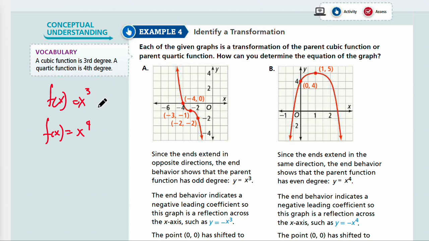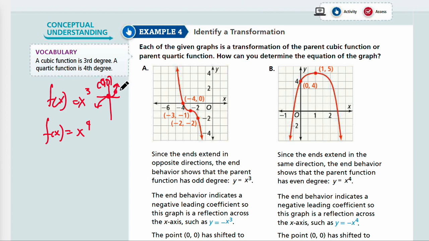So x cubed by default looks like this, where you have an origin here, 0, 0. And this is when your coefficient is by default positive 1, right? And so if you plug in 1 into x, your y is 1.